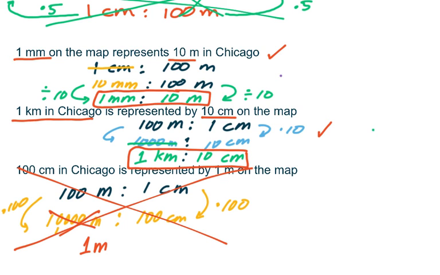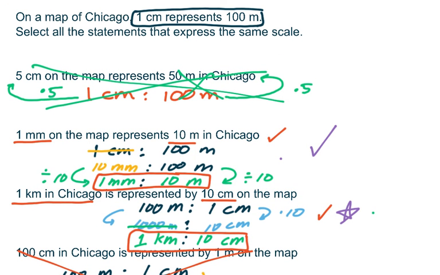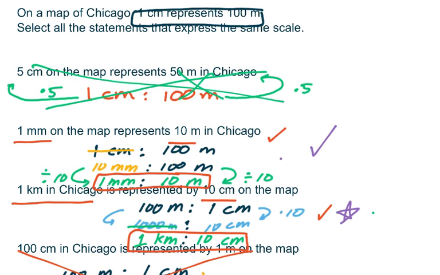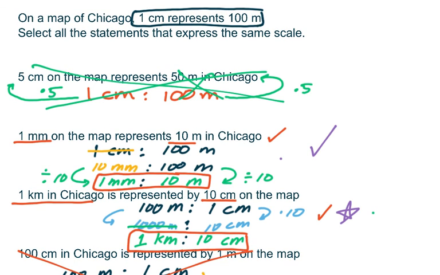If you chose 1 millimeter on the map represents 10 meters in Chicago, then you are on the right track. You were able to determine that this one was a correct relationship, but you either forgot to check the next one, or perhaps the trick that I used was to reverse the order of the words as they were given to us here. This was the smaller value, 1 centimeter, on the map representing the 100 meters, which was what we would be using in real life.